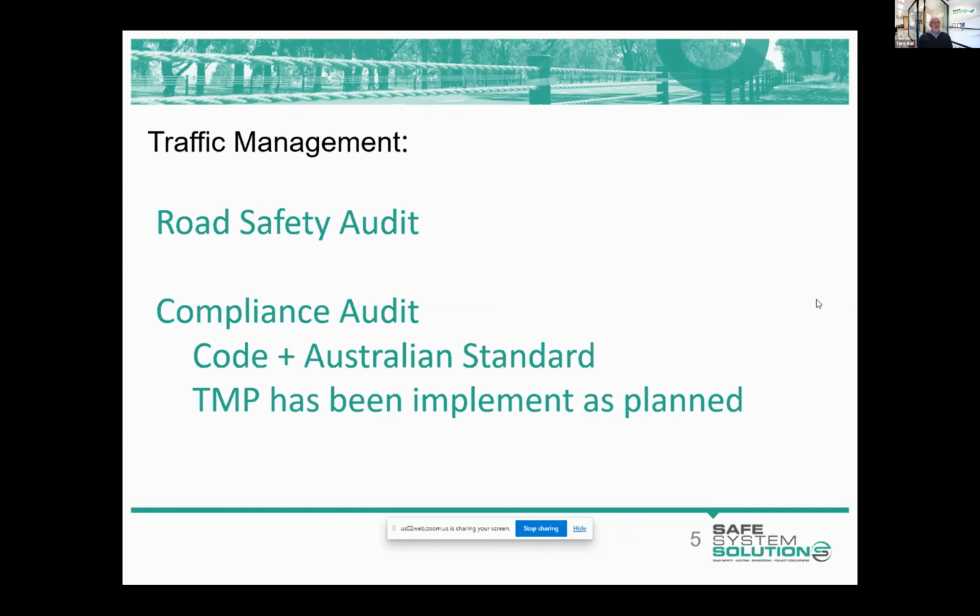That's the standard. That's the set of signs we've got to use. There are dimensions of signs that are meant to be used on freeways, local roads and the like. That's the standard. The guides are how they've got to be implemented. But from a road safety point of view, we're looking beyond that. We're looking beyond the compliance audit.